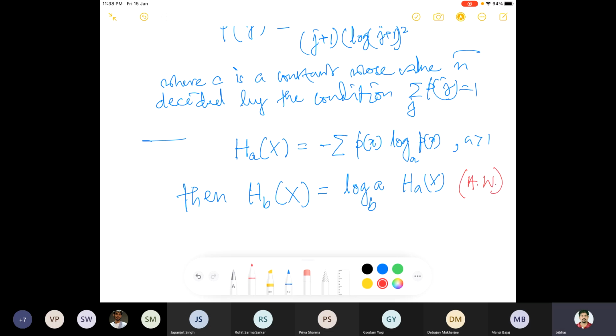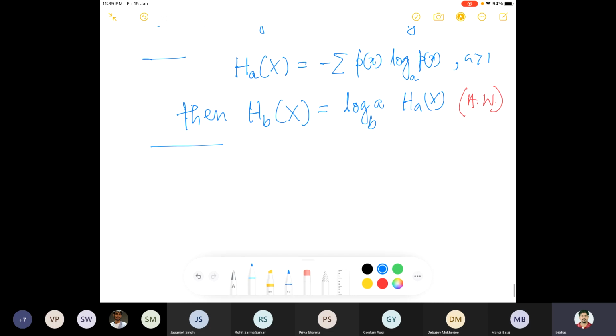Now let us just check one example, a very small example, but it is an important example. Why is it called silly? Because it is very easy. So let us consider a random variable X, and let us calculate its entropy.